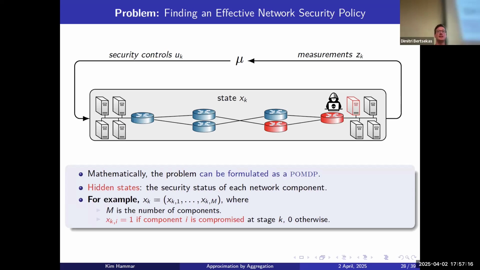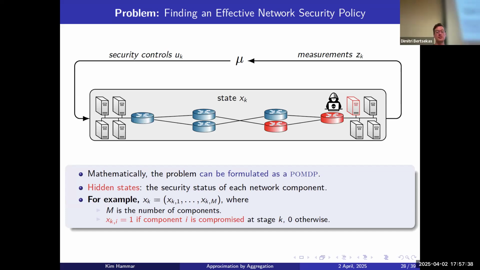There's always a delay in detection. So therefore, the state is hidden. And you can consider an example, for example, if you have m components, then this could be a vector where each element in this vector is a binary variable that is 1 if it is compromised and 0 otherwise. So that's the state of the POMDP.